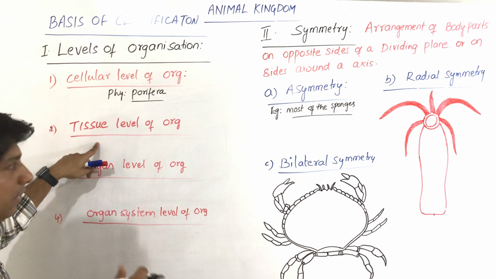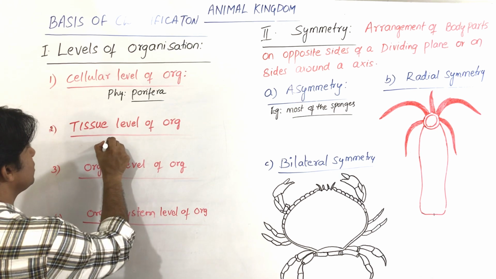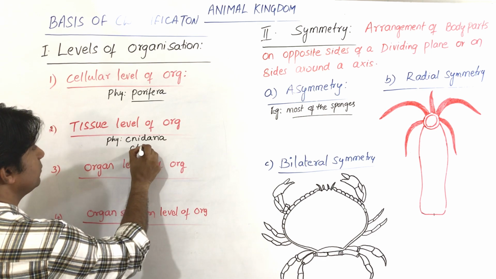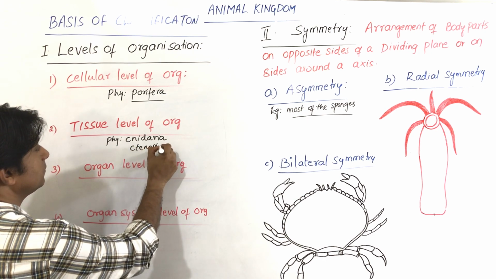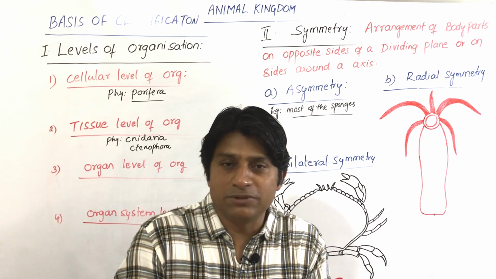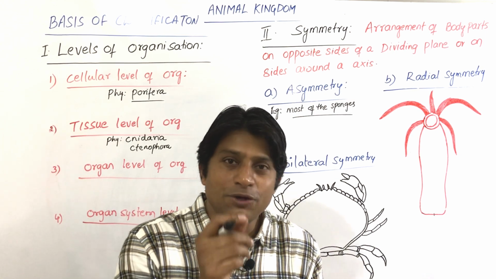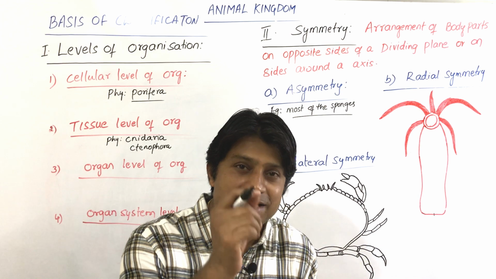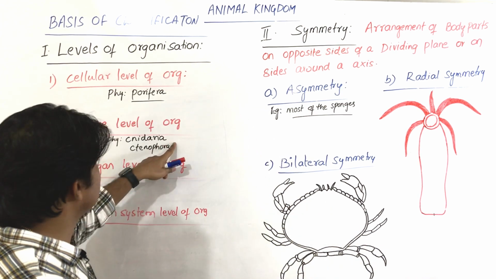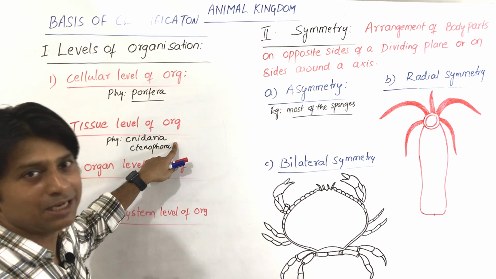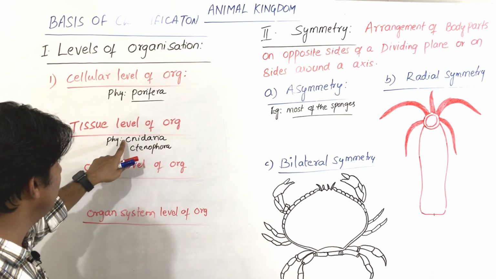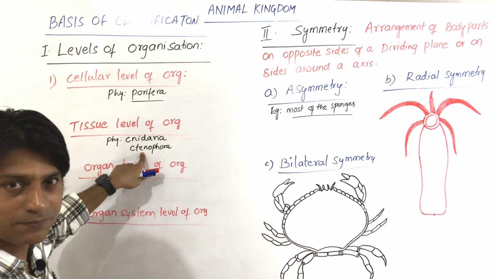Next, in phylum Cnidaria and in Ctenophora, cells are combined to form tissues which are specialized to perform different functions. So this is the second level of organization in the animal, the tissue level of organization, which is found in Cnidarians and Ctenophores.